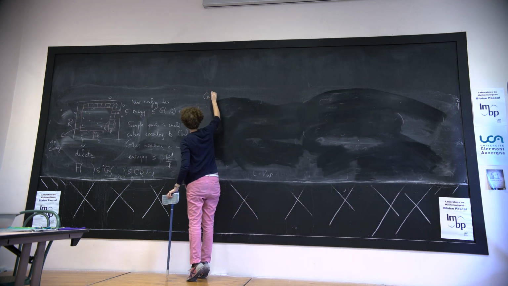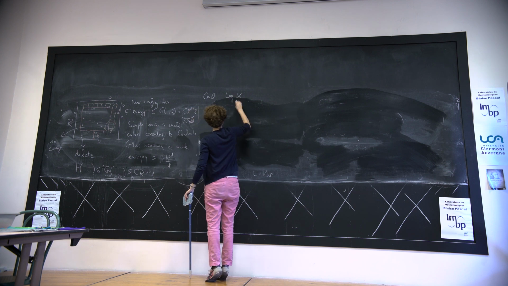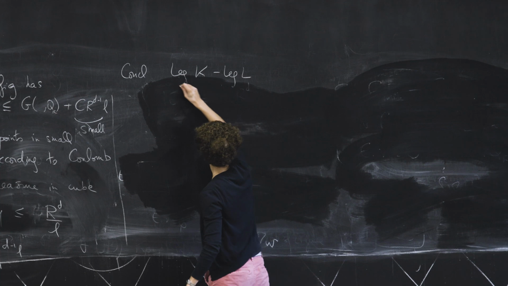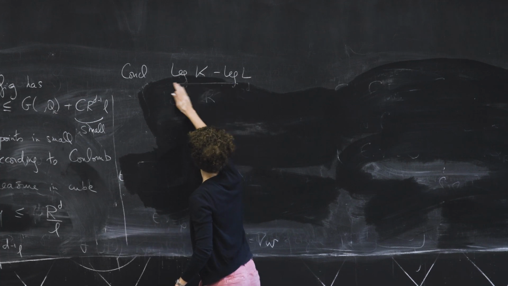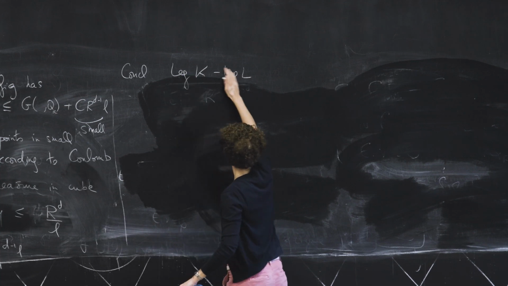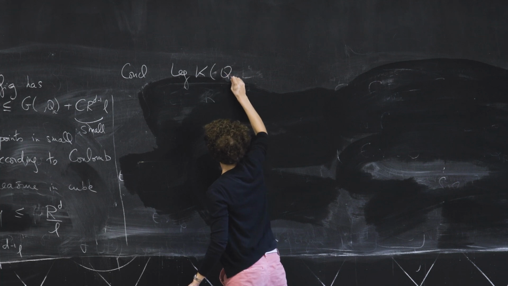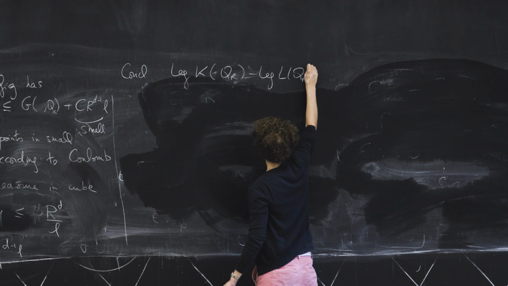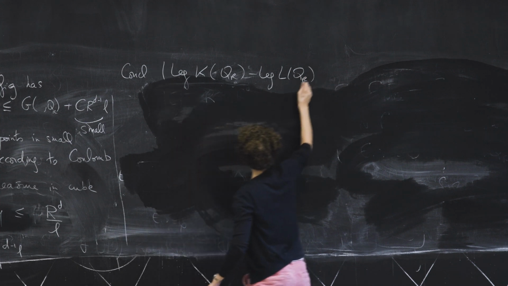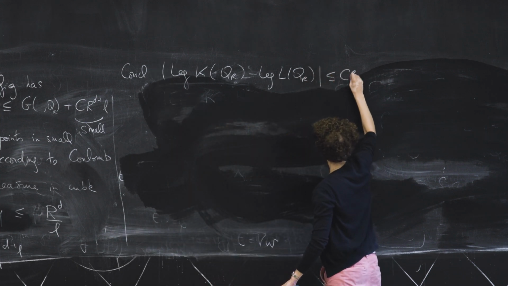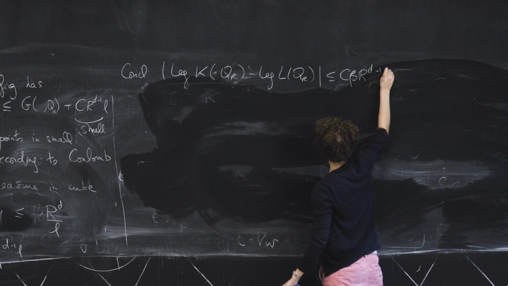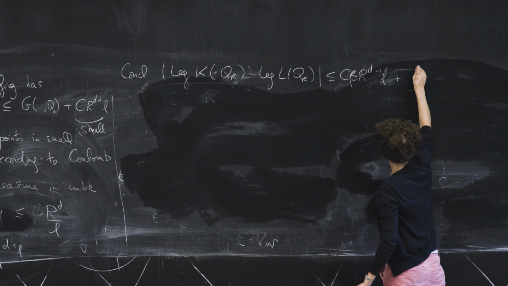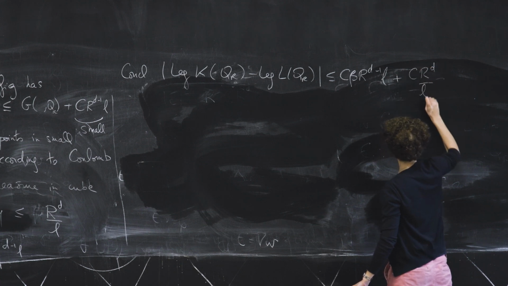Okay, so conclusion, the log of K minus the log of L in the cube, we can show is less than C. You're going to get beta in front of the energy error, because energy always comes with a beta. And then you're going to get the entropy error.